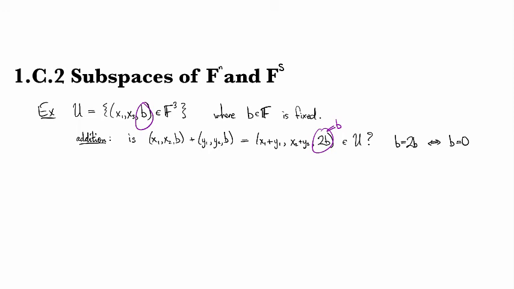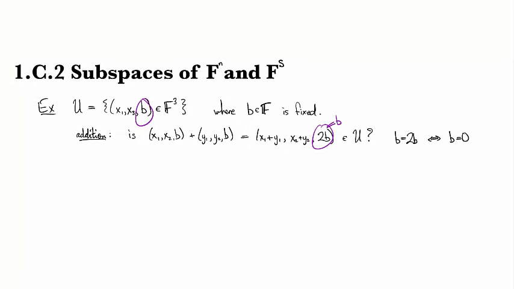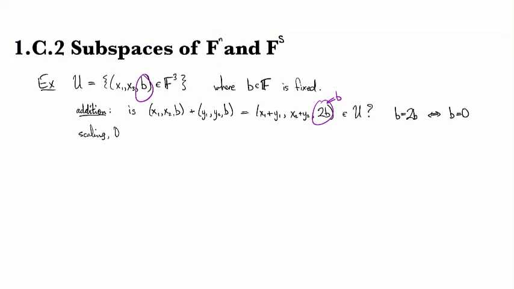So I'll let you check containment of 0 and scalar multiplication, but it turns out that U satisfies both of those as long as b is equal to 0. And we can generalize this idea very greatly.